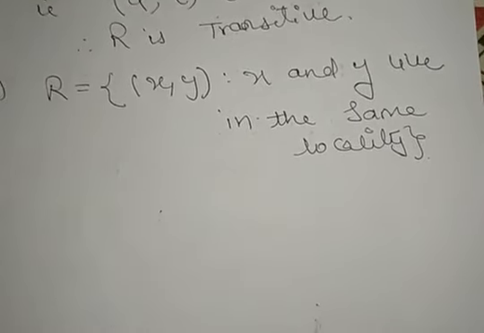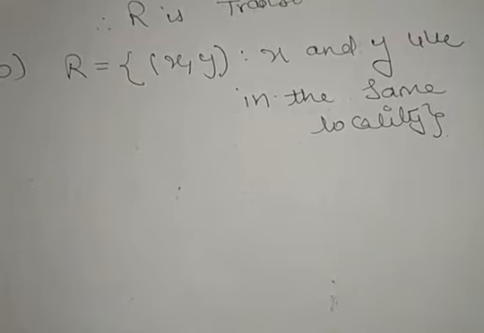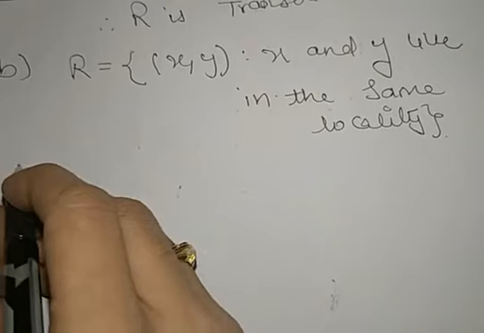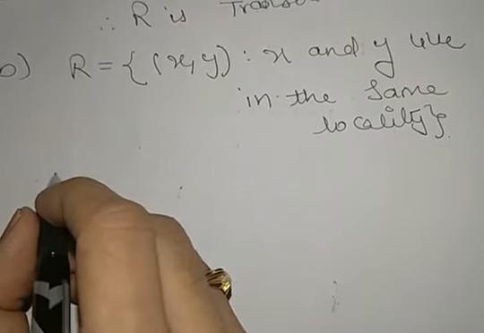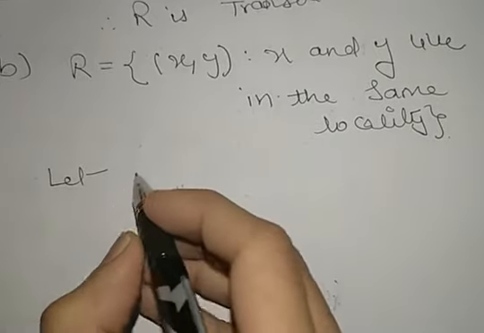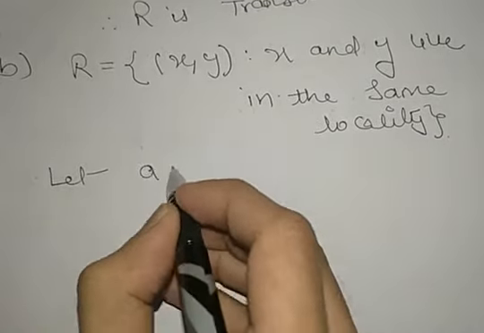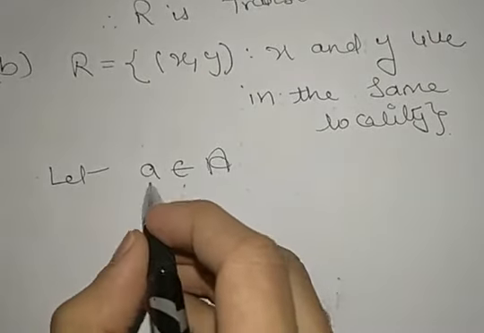Okay, this is given to us. So we have to determine whether the relation R is reflexive, symmetric or transitive. Again, it is a problem similar to the previous one. So how to solve this? Let a belong to A, the set of all human beings.